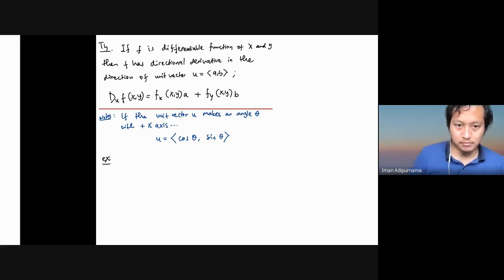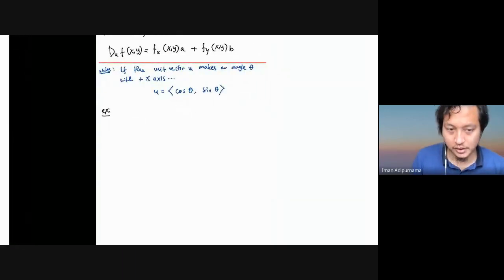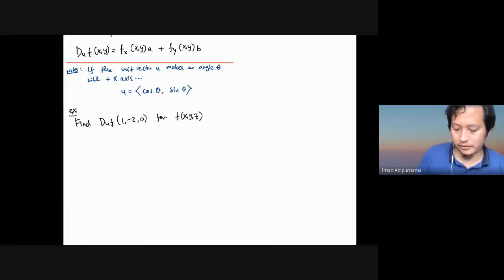Let me take maybe just one example, and then we can go to the next section. Find the directional derivative at this point for the function. So we have three variables now.